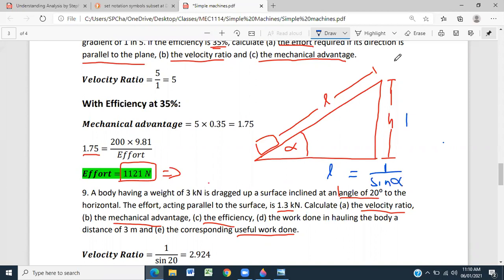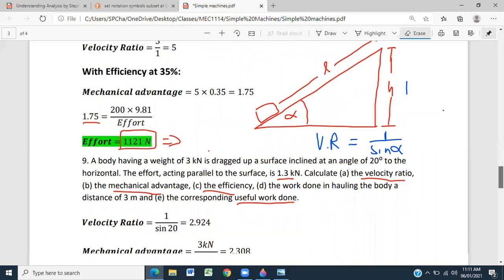And this length, L, is of course the velocity ratio, VR. Great. So we get this new formula for an inclined plane when they give us an angle. Now the velocity ratio is 1 upon sine alpha. Good. Keeping that in mind, let's work number 9.